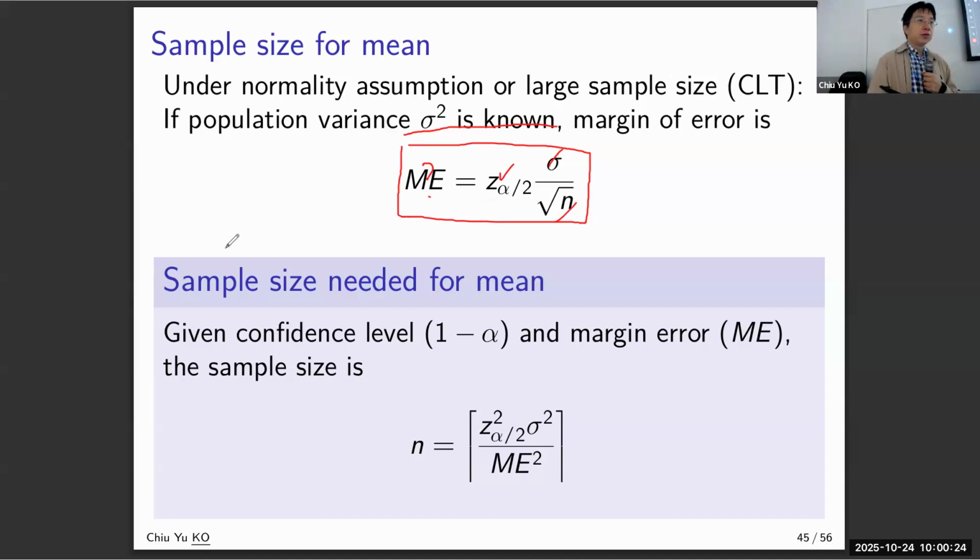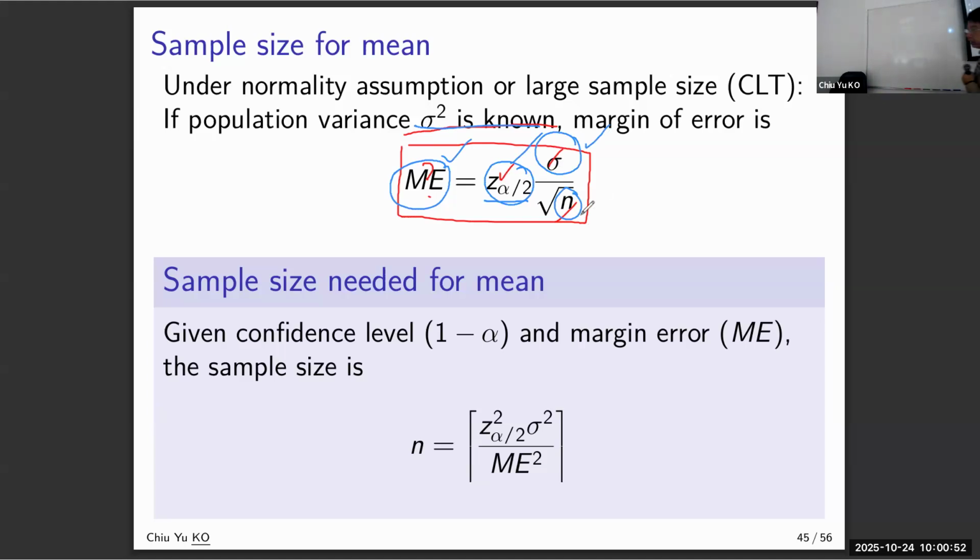Suppose we want to have our end outcome first. We design our ME, okay? We design our ME. And we give our alpha, right? It's 5%, so it's known as well. And this is known by our problem. We know these, then we figure out what is n. Okay, just reverse the process.